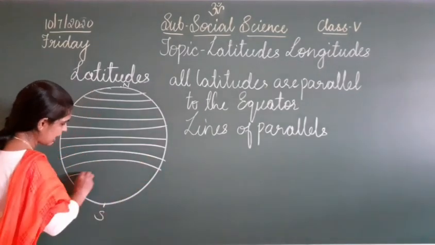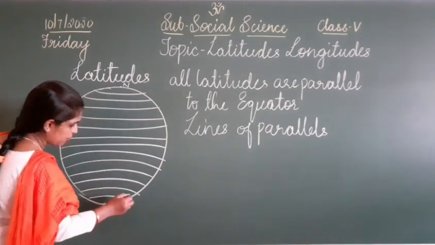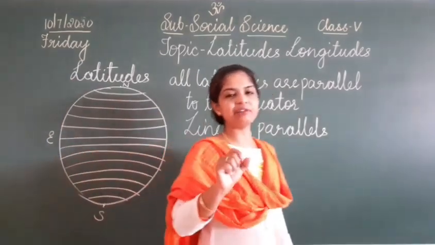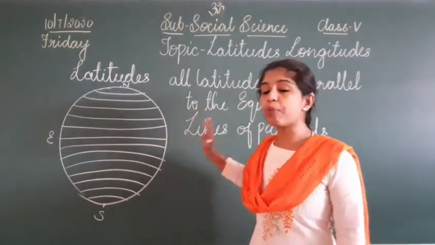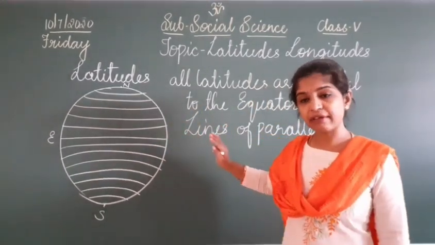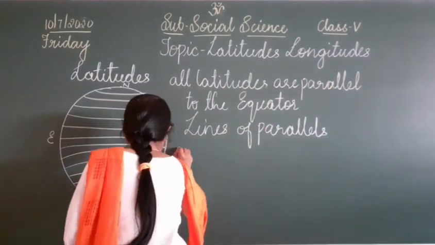There are many lines on the globe, but we have identified a few lines of these latitudes as important lines. What have we named them as? Important lines of latitudes.